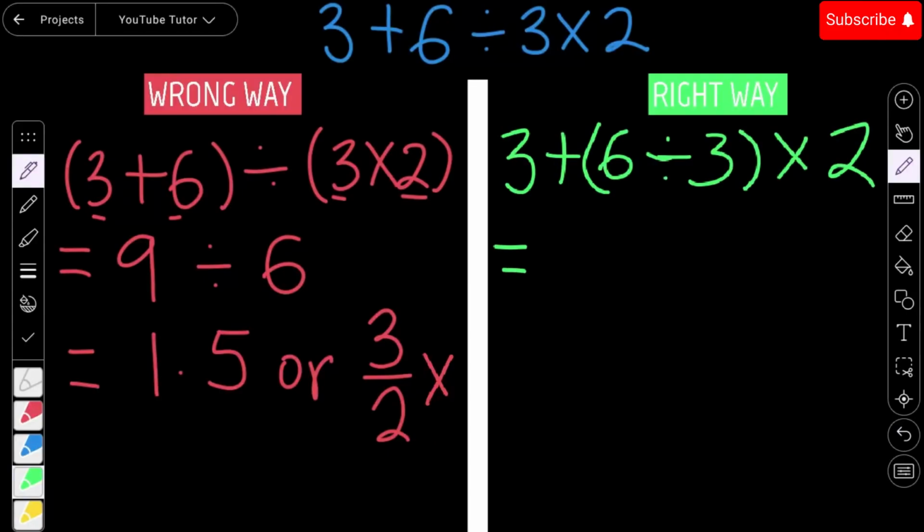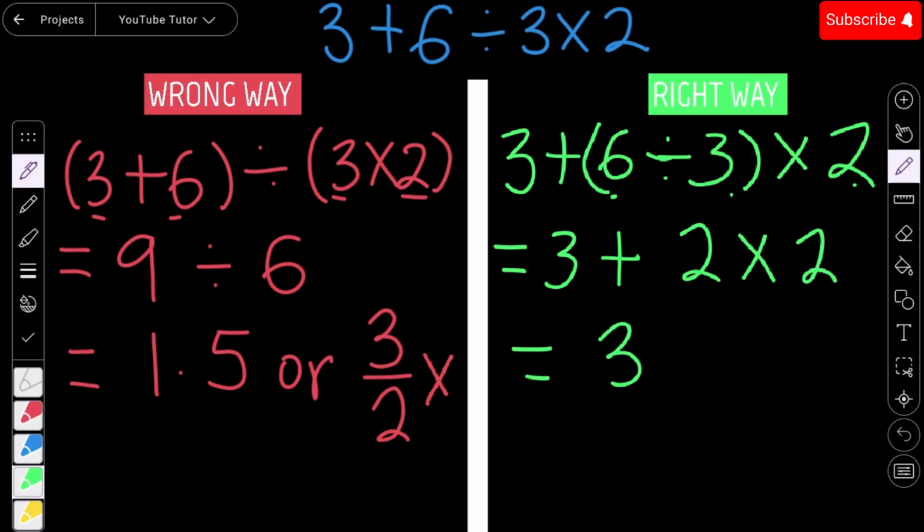Now this gives us 3 plus 6 divided by 3, which gives us 2, times this 2. We end up with 3 plus 2 times 2, which is 4. And 3 plus 4 is 7, which is the right way to do it.